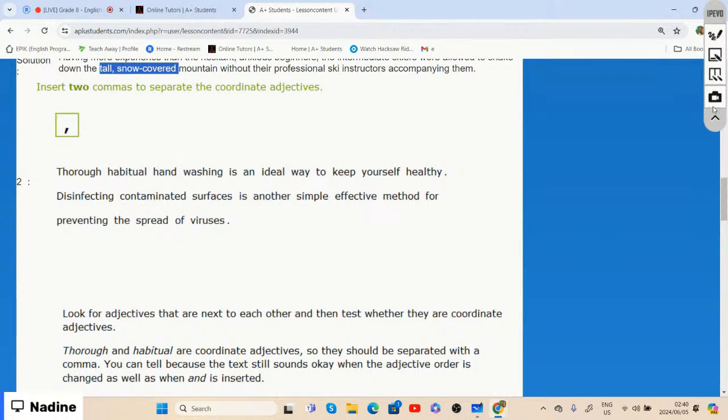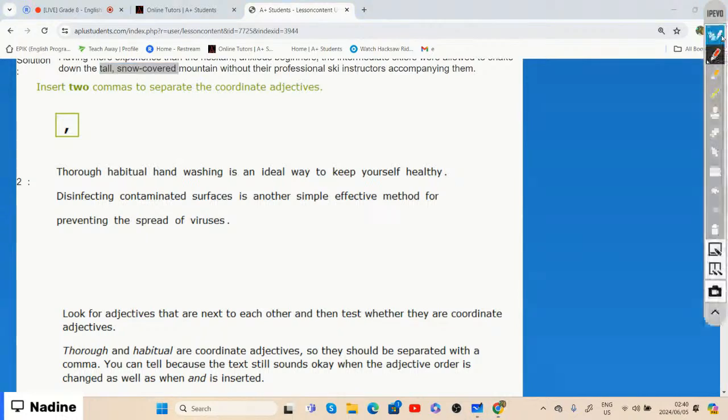I think if we were to add the two, we would say thorough, habitual, comma, hand washing is an ideal way to keep yourself healthy. Disinfecting contaminated surfaces is another simple way for preventing the spread of viruses, right? So we added our commas by those two, which is of the habitual and of the disinfecting.